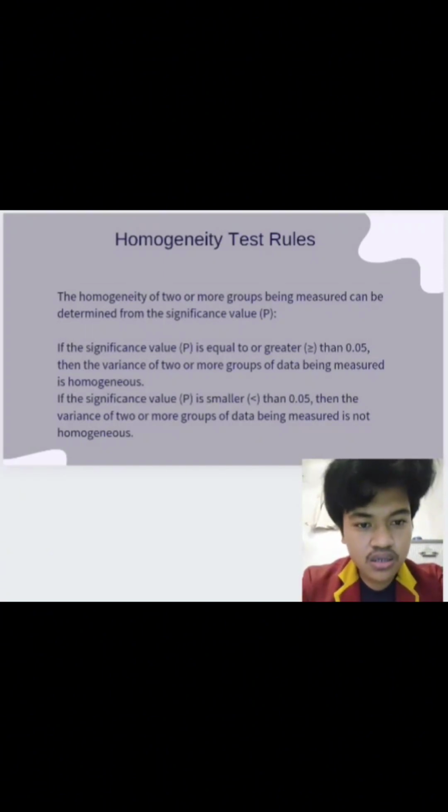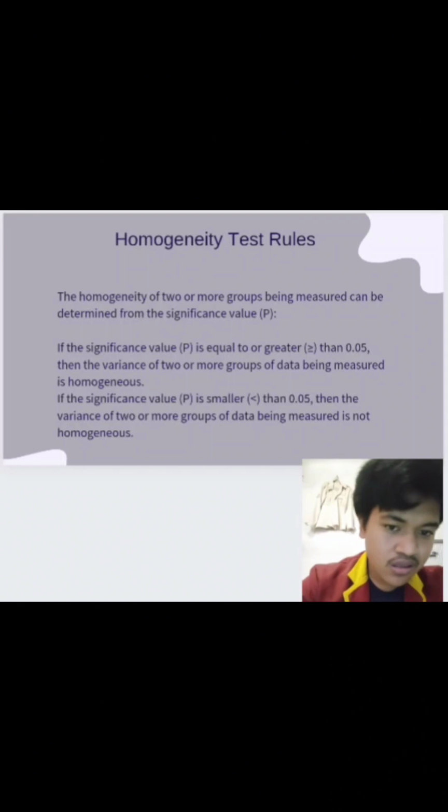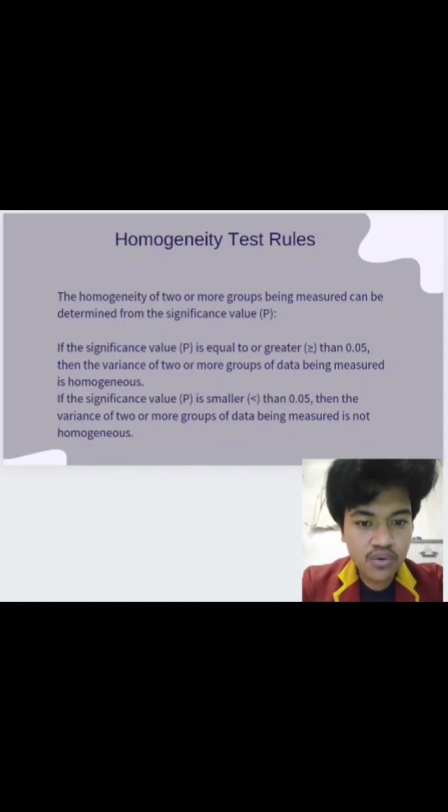The homogeneity of two or more groups being measured can be determined from the significance value. If the significance value is equal to or greater than 0.05, then the variance of the two or more groups of data is homogeneous.